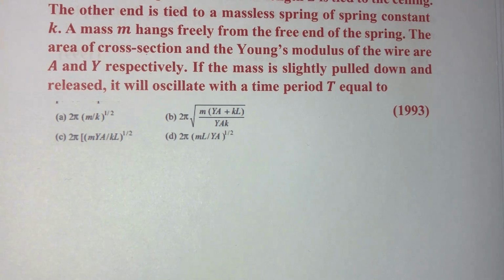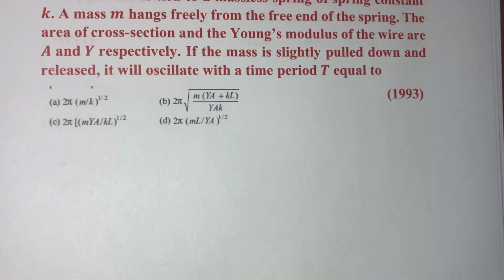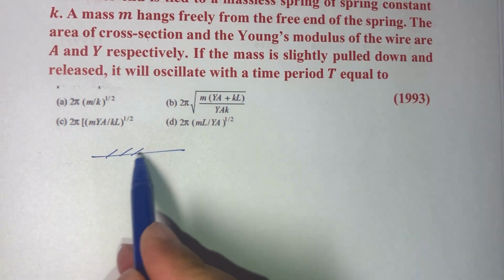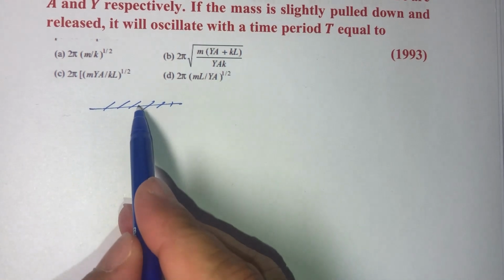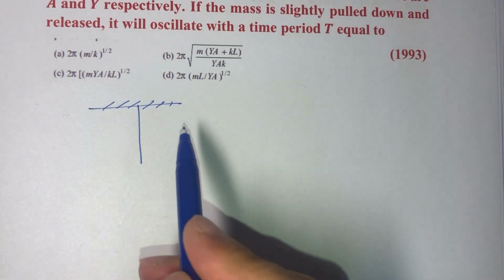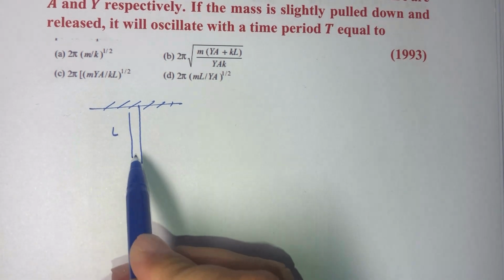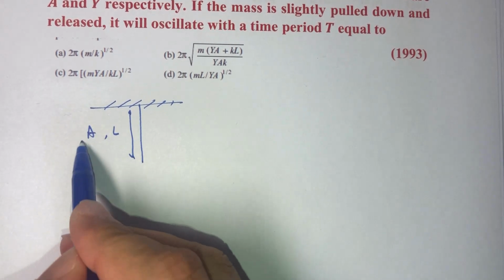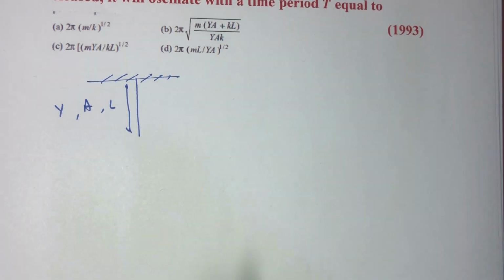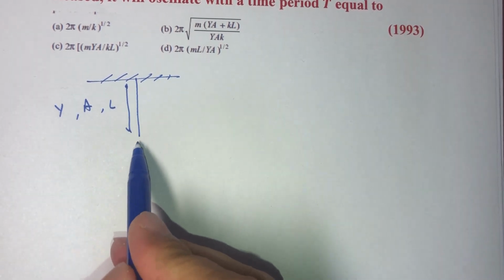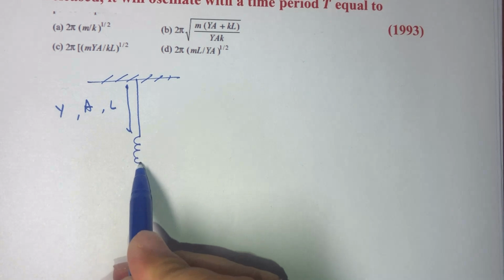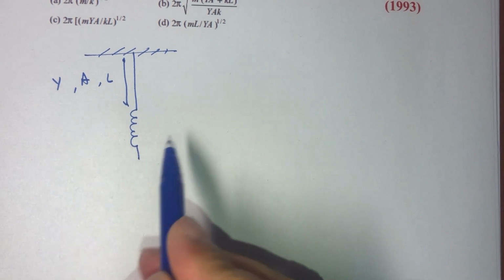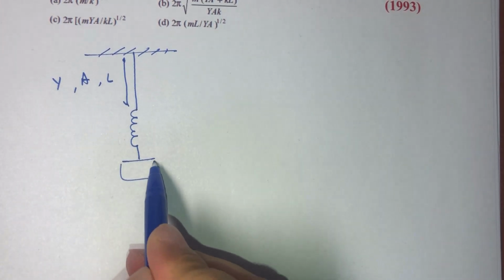So in this case, we are given that there is a wire. Suppose this is a wire and its length is given as L, and area of cross section is given as A and Young's modulus is given as Y. And to the other end of this wire, a spring is connected, and to this free end of the spring, a body of mass M is connected.